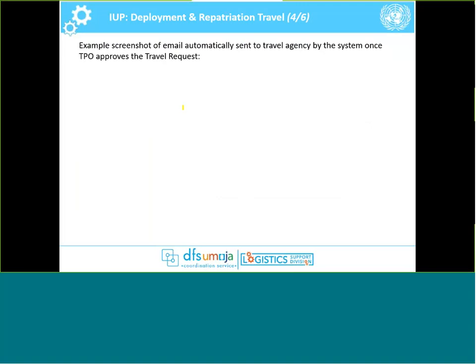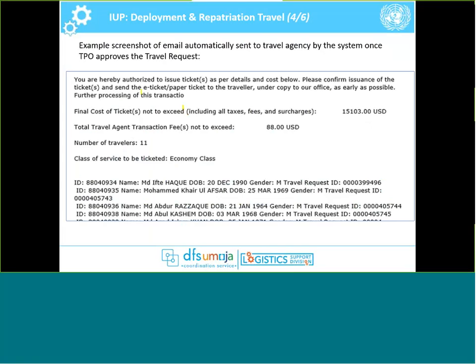Okay, so the vendor will receive this. For example, this is the screenshot of the email that is sent to the travel agency, to the vendor. They will get the group of travelers for whom they should purchase the ticket. They will get the total cost, including the fees, and they will purchase.